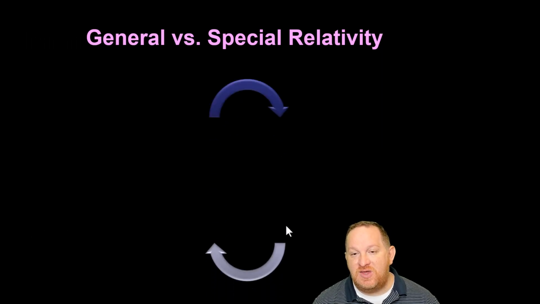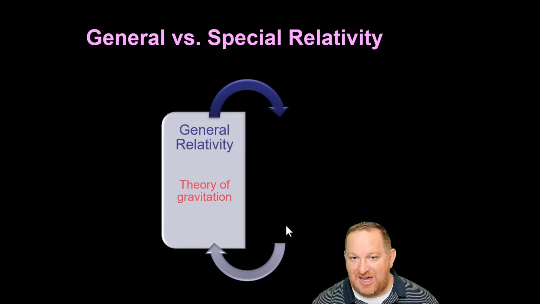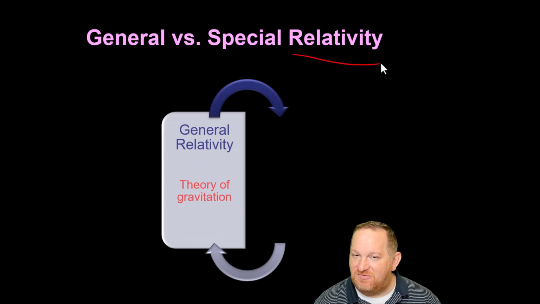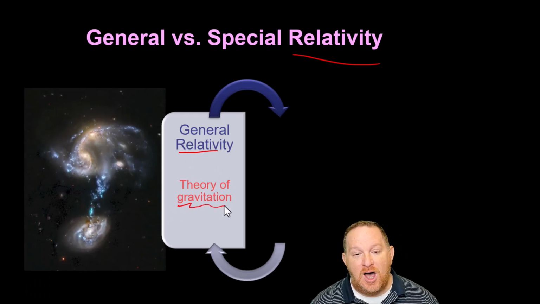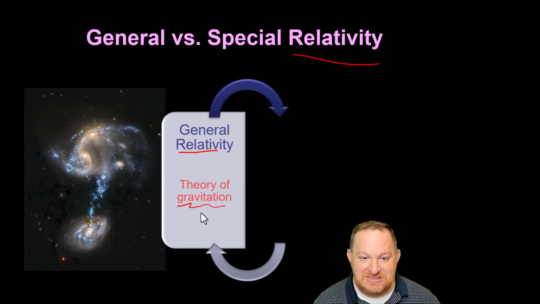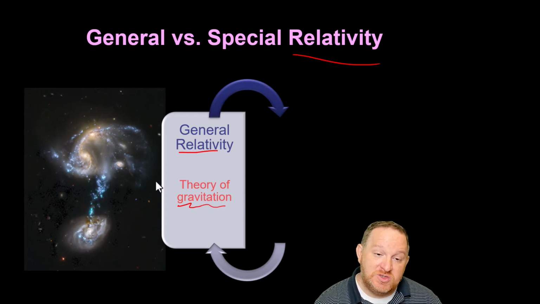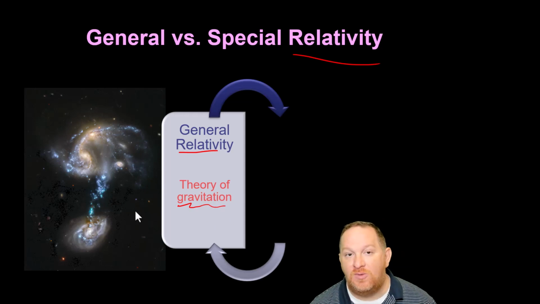So speaking of general versus special relativity, I want you to think of two different sides of the same kind of coin. When we're talking about relativity, Einstein proposed this idea of general relativity, which really has a lot to do with gravity and gravitation, right? So in this exact instance here of this picture, you're actually seeing some massive galaxies and stars being pulled by the gravitational pull from some of these galaxies and the planets.